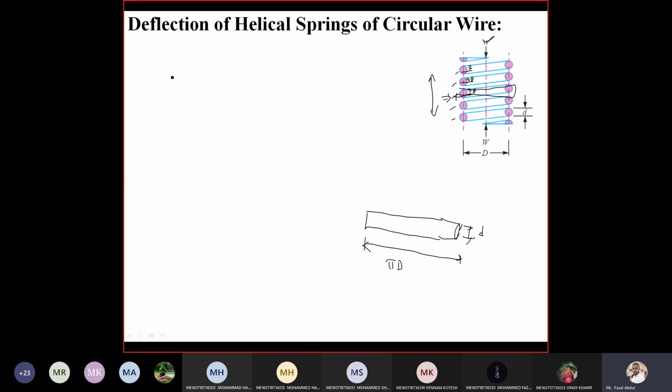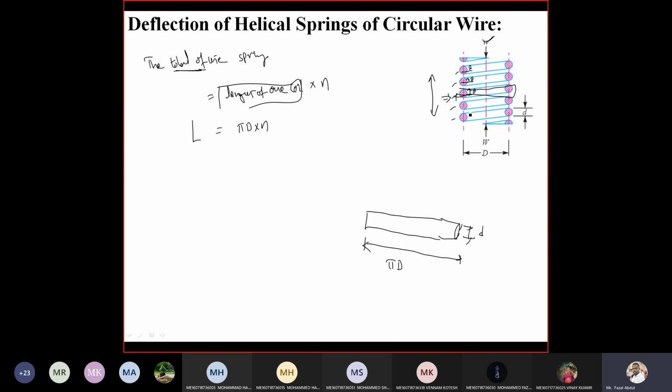The total length of the spring is nothing but the length of one coil into the number of coils. So the length of one coil is pi into d, and the total length is pi into d into n.